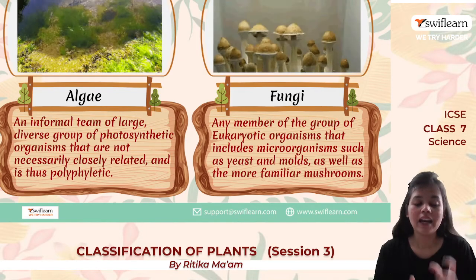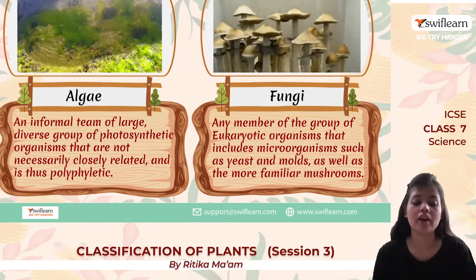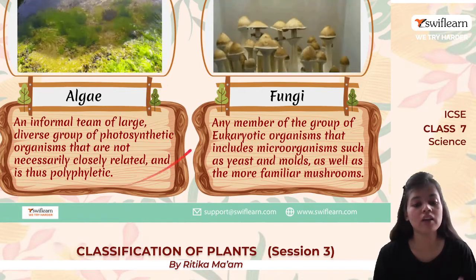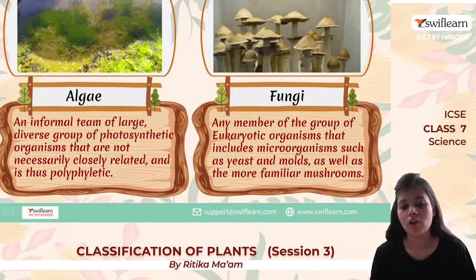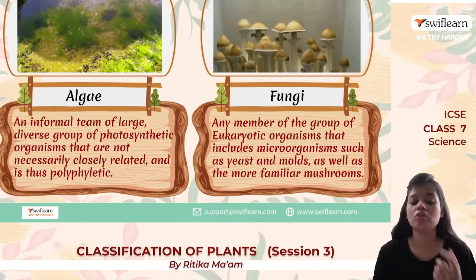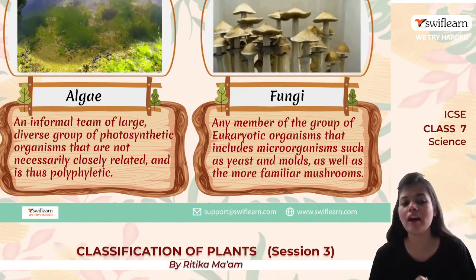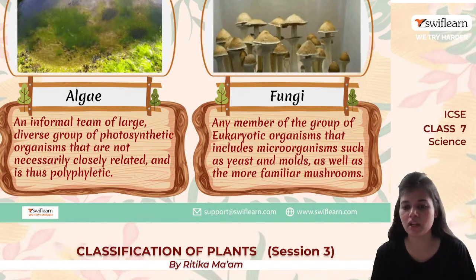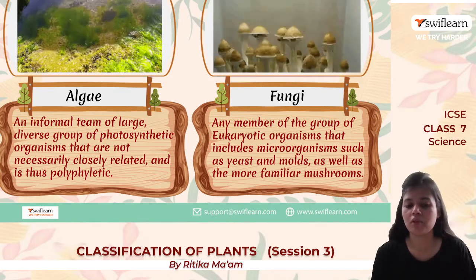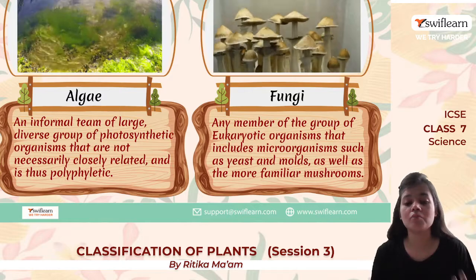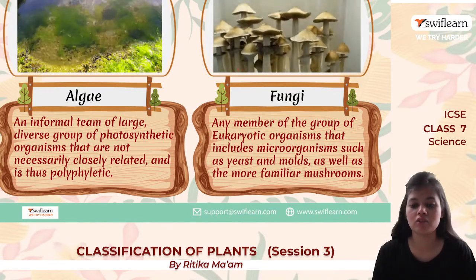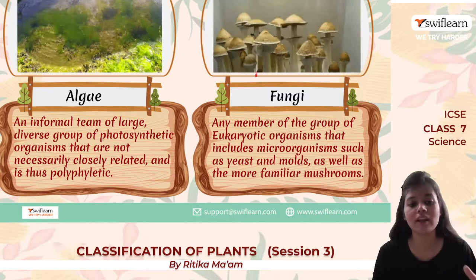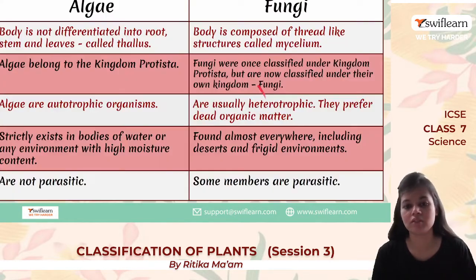That means algae prepare their own food; they undergo the process of photosynthesis. Talking about fungi, they are members of the eukaryotic organisms, and various microorganisms come under them. We can talk about yeast, mold, or some mushrooms also. They cannot prepare their own food, whereas algae undergo photosynthesis.